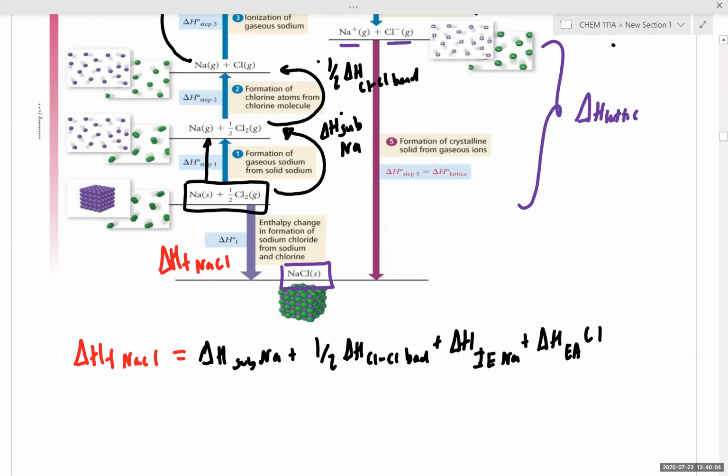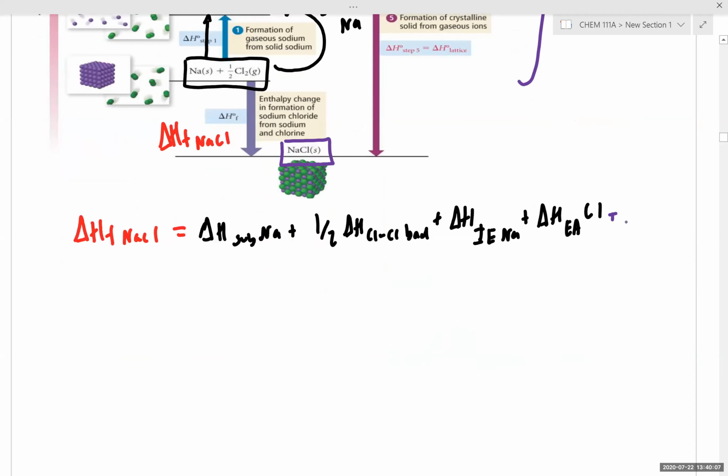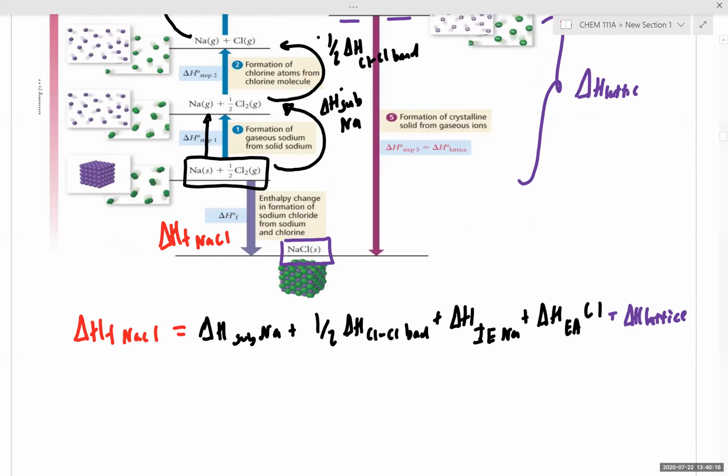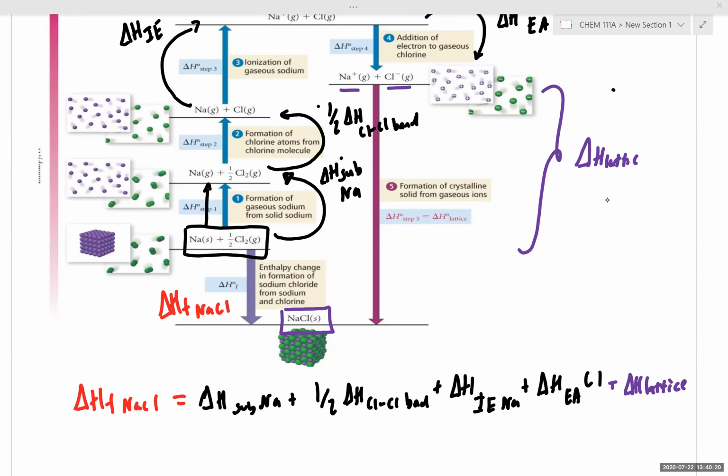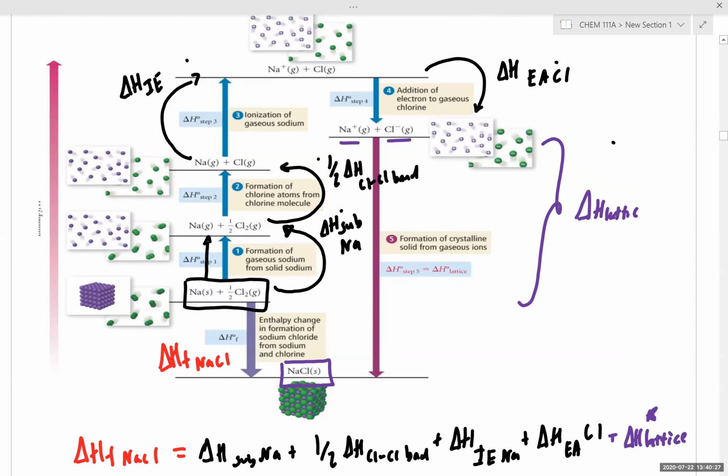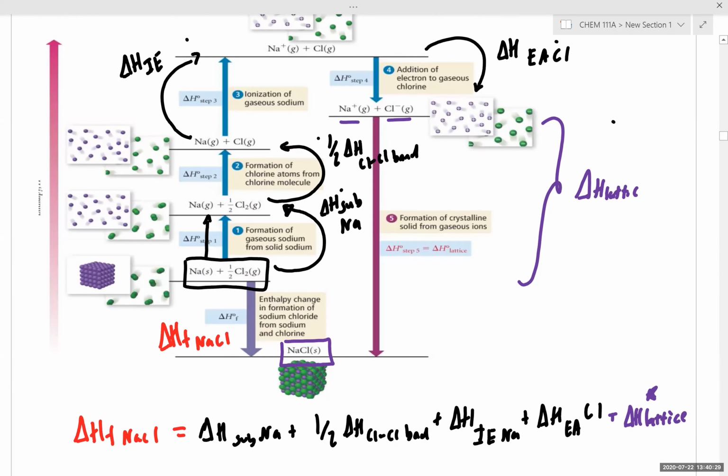And now all we have to do is find these tabulated values, punch them into our equation, and we can solve for the lattice enthalpy. So does this make a little bit more sense now that you've seen the Born-Haber cycle from the perspective of an energy diagram, just like we did for Hess's law?